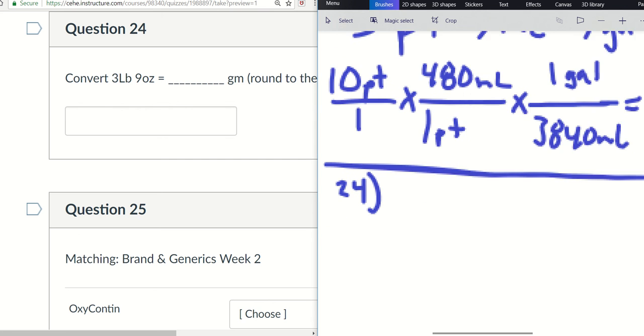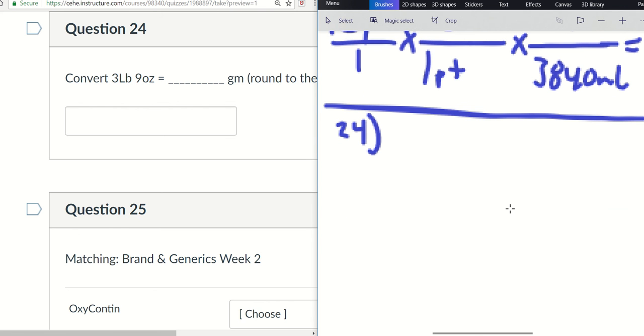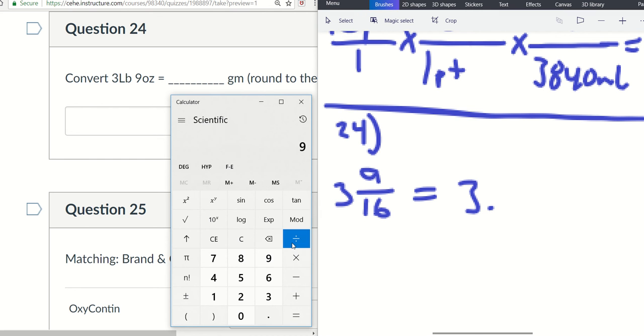24, pounds and ounces. So you won't see this one on the midterm. This one was just recognizing fractions. 3 pounds, 9 out of 16. Change that into a decimal for me, everybody. What is 3 and 9/16 as a decimal? 3 point what? What's 9 divided by 16? Yeah, 0.5625.